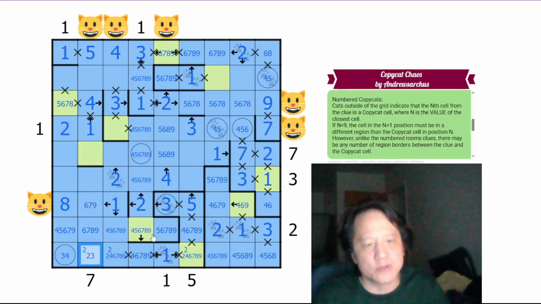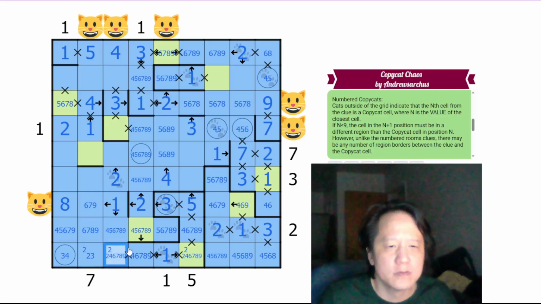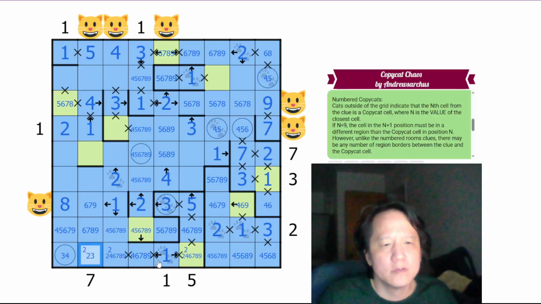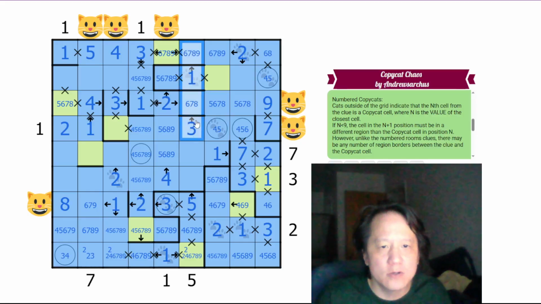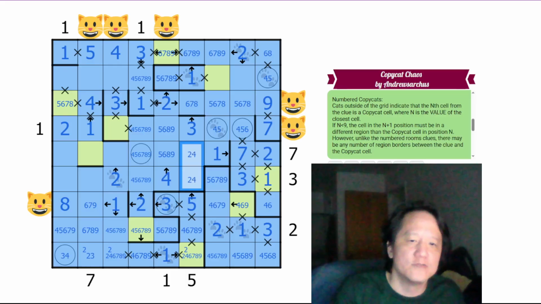So this is 2 or 3 here. Interesting. One boundary there. Okay. There's a lot of stuff going on here. 5 eliminates 5 here. Remaining digits in column 6 are 2, 4, 6, 7, 8, and 9. No 2 or 7 here.